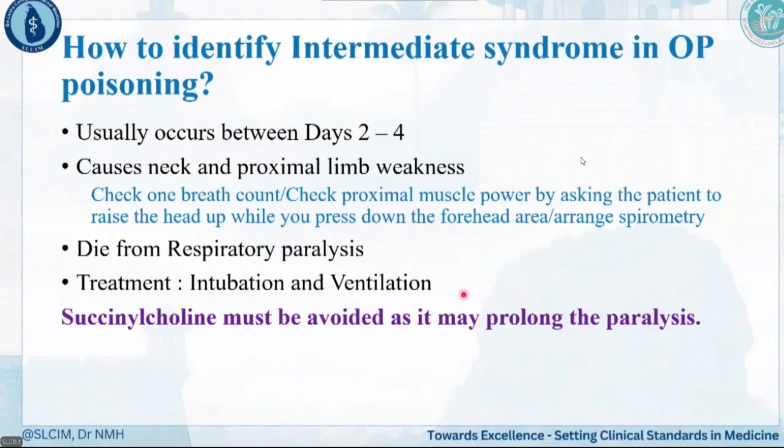Okay, the next is the identification of the intermediate syndrome in OP poisoning. Usually it occurs between day 2 and 4, and usually neck and proximal limb muscle weakness will be evident, and you have to check this with a one breath count. That is one which can be done at the bedside. Please also check the proximal muscles by asking the patient to raise the head up while you are pressing down on the forehead. Because if you just ask the patient to please get up, they will use the trunk muscles and try to sit up.